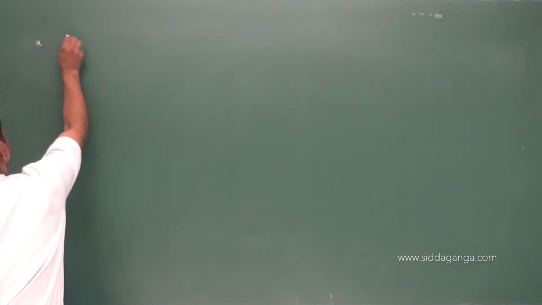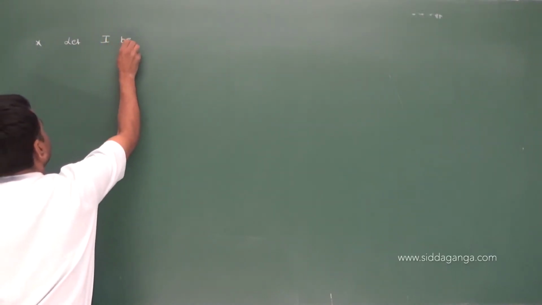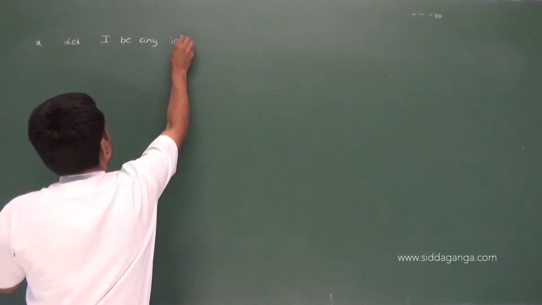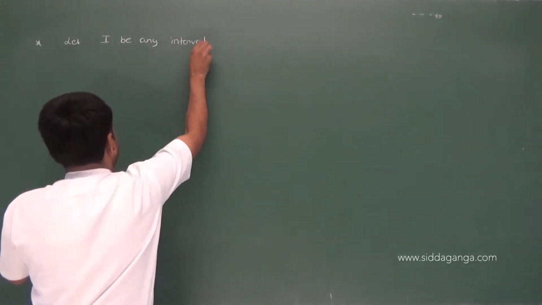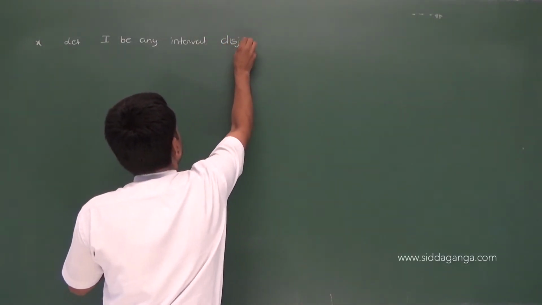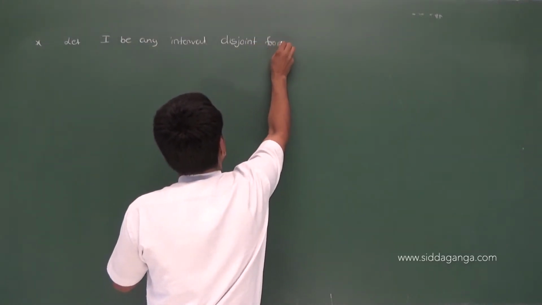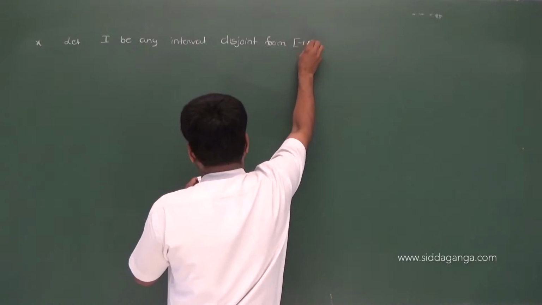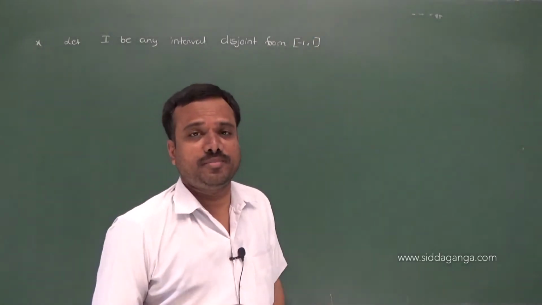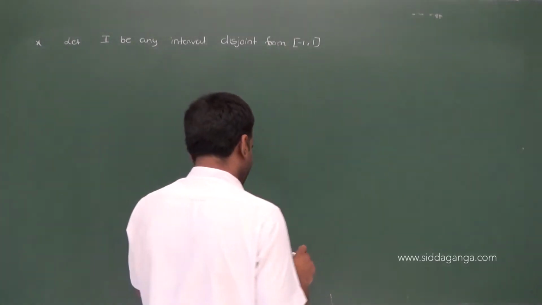Next problem. Let I be any interval disjoint from -1 to +1, which means excluded from -1 to +1.